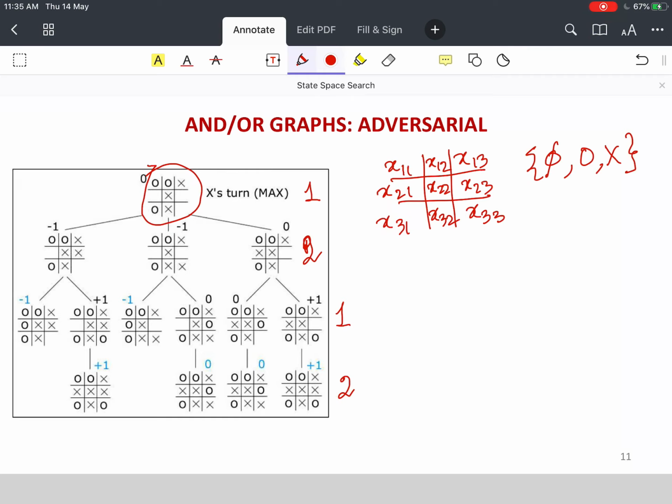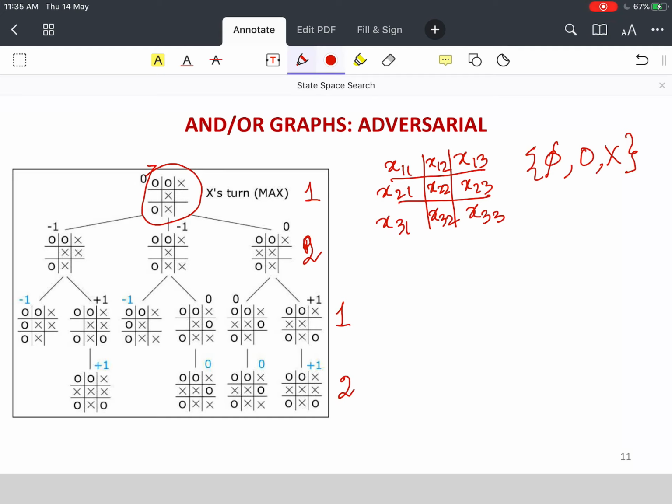The initial state is everybody is empty, and then players play in sequence. The state transformation rules are that whosoever is the player can, if the player is player 1, then player 1 can apply cross, and if player 2 has to play, then player 2 can apply a 0.